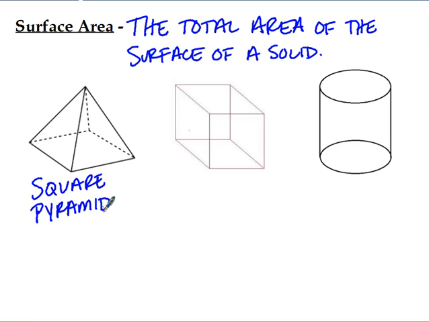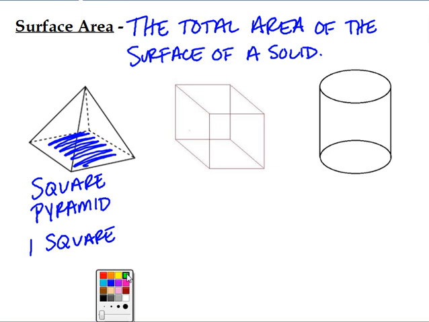So it has a bottom that's a square. So you can think about that square being one surface. So there's one square. And then there's four triangles. So I have this triangle here, that's one. And then I have this triangle here, that's 2.